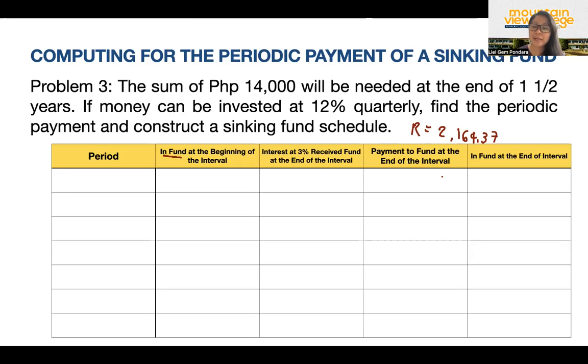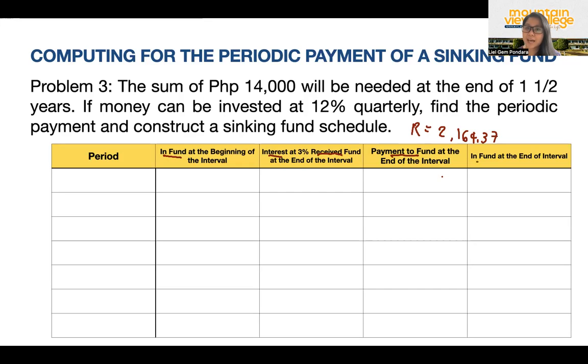How much is the savings at the beginning of the interval? Next, interest of 3% received fund, because it's not a loan, so received fund. Then payment to the fund, not payment to the loan. Then the last one, in our amortization schedule, it is repayment of the principal.